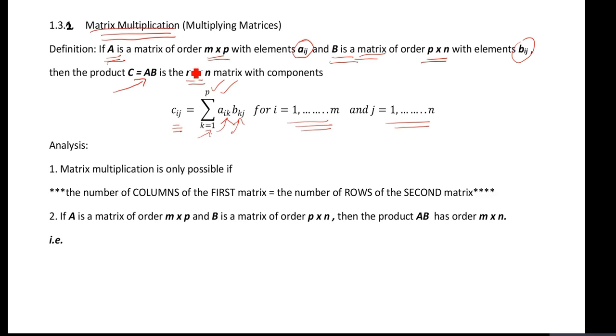Where does the M come from? There's the M from the first matrix. So we've established that the order of the matrix must be M by N, where M comes from the first matrix, in other words the number of rows of the first matrix, and N is the number of columns of the second matrix.